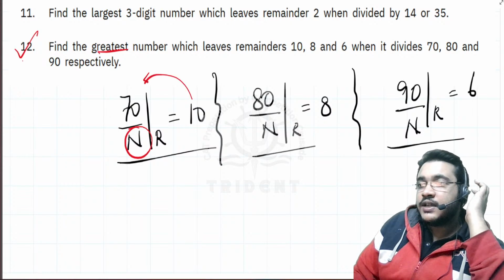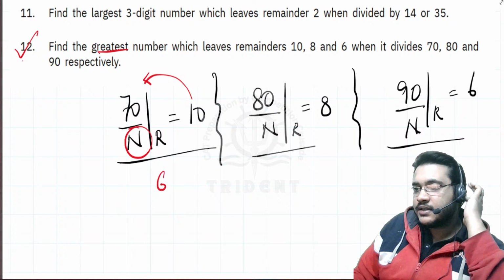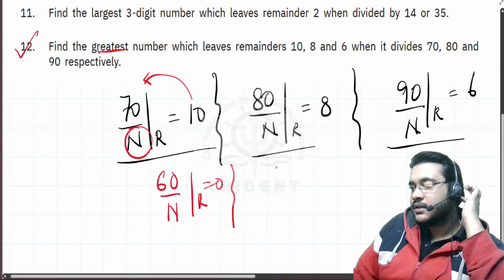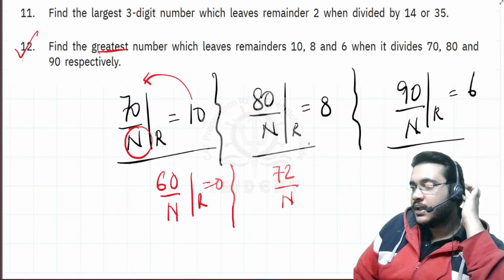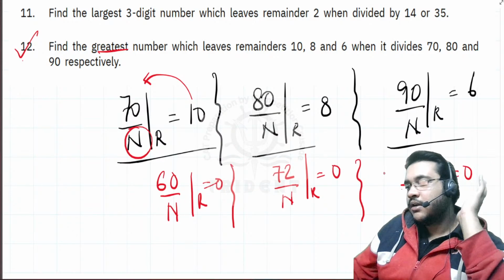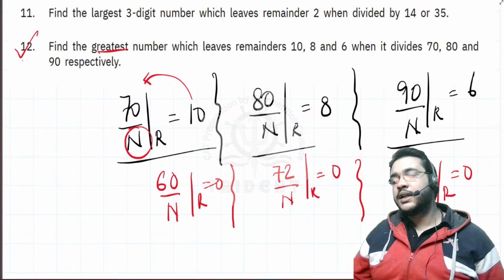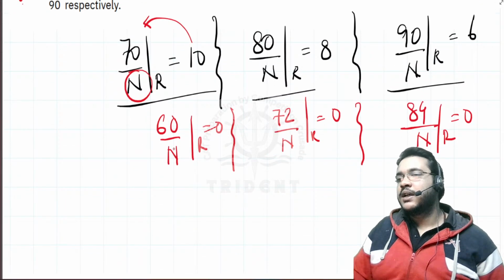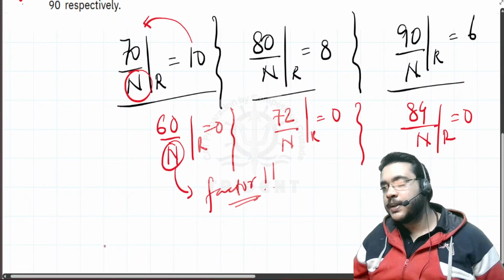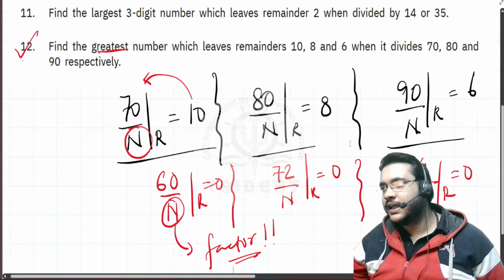That means if I subtract 10 from the first one, I get 60. 70 minus 10 is 60, which when divided by n leaves remainder 0. Similarly, 80 minus 8 is 72, divided by n, and again the remainder is 0. Similarly, 90 minus 6 is 84, divided by n, remainder 0. Now, all of them are leaving remainder 0. That means effectively n is now a factor of these numbers, 60, 72 and 84.